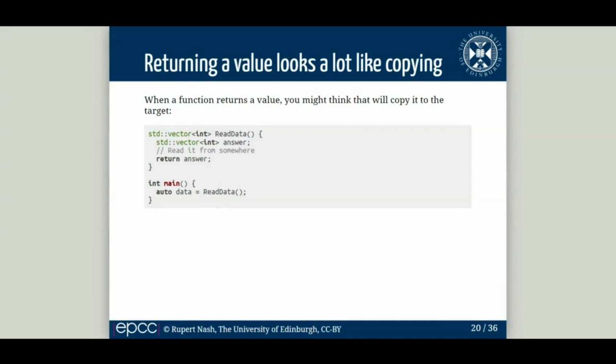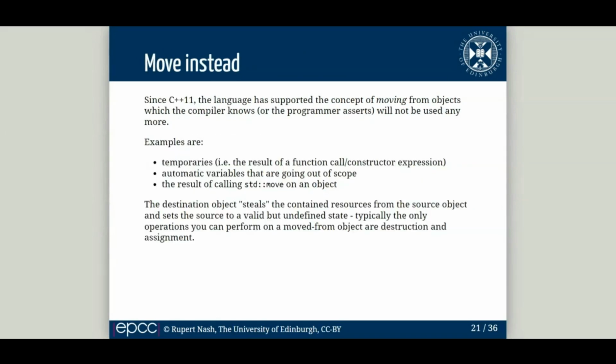The first allocation is here when you define this vector, and the second allocation is done when the result of this function is copied here. So this is a bit expensive.